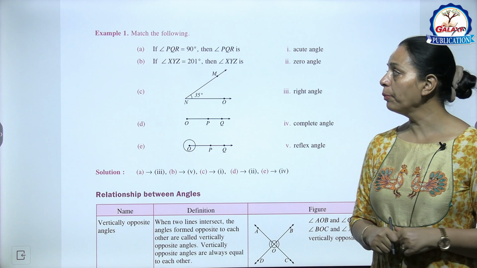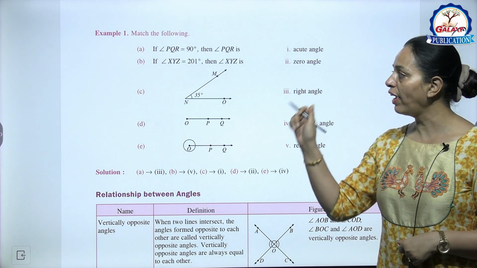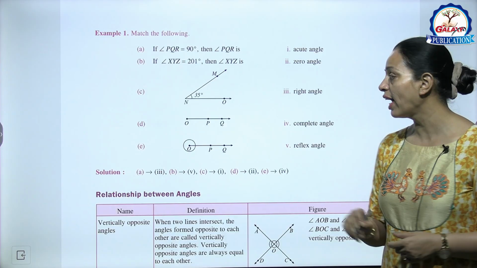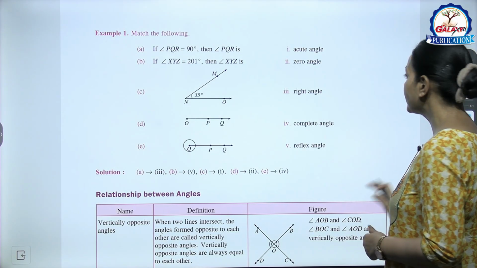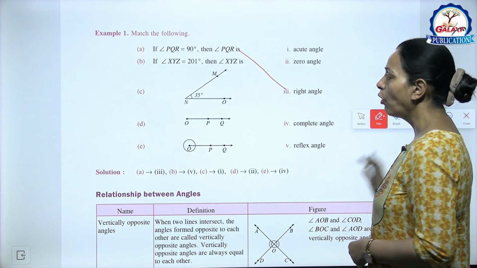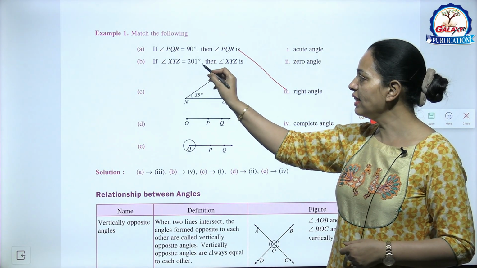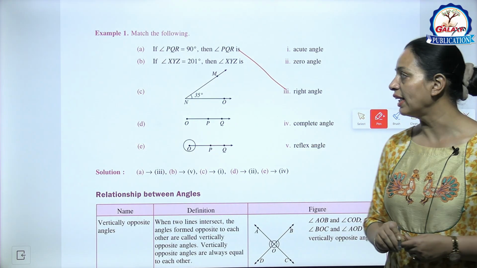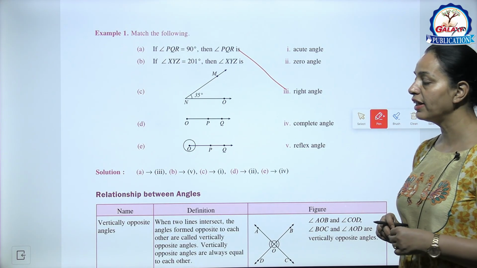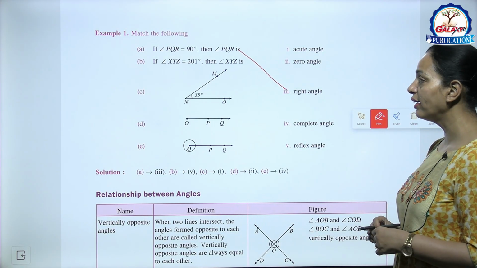Now example 1, match the following. A part: if angle PQR is 90 degree, then angle PQR is what? That is a right angle. So match it with the third one. Now B part: if angle XYZ is 201 degree, then XYZ is what? It is more than 180 degree but less than 360 degree.